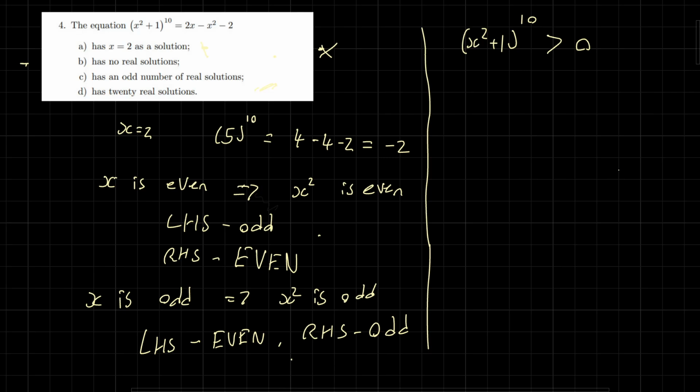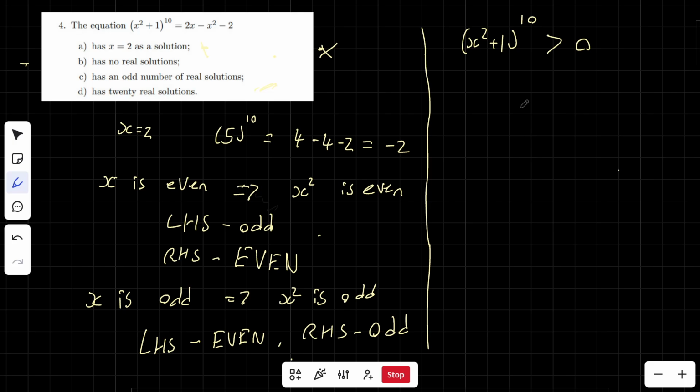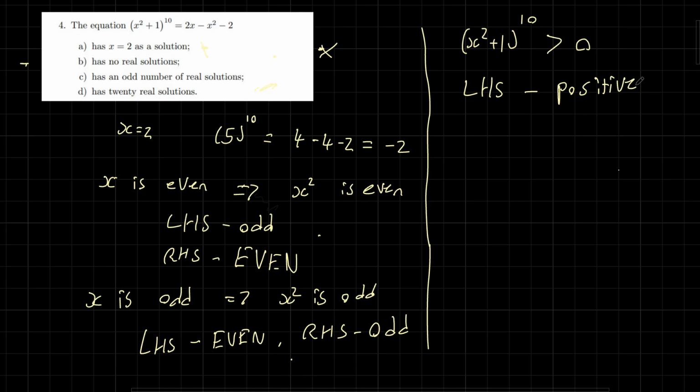And a positive number raised to the power of 10 is always going to be positive. So the left-hand side is always positive. In fact, it's always greater than 1.